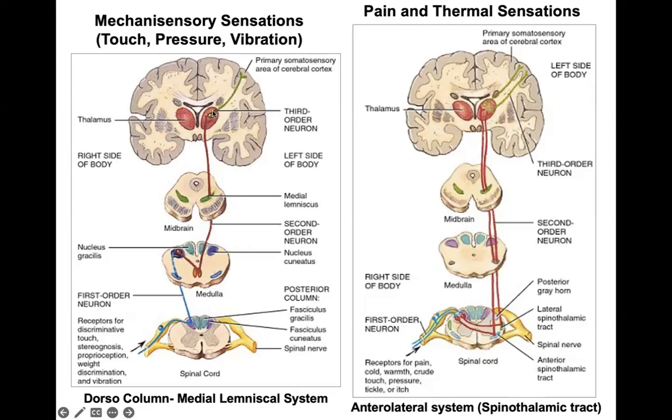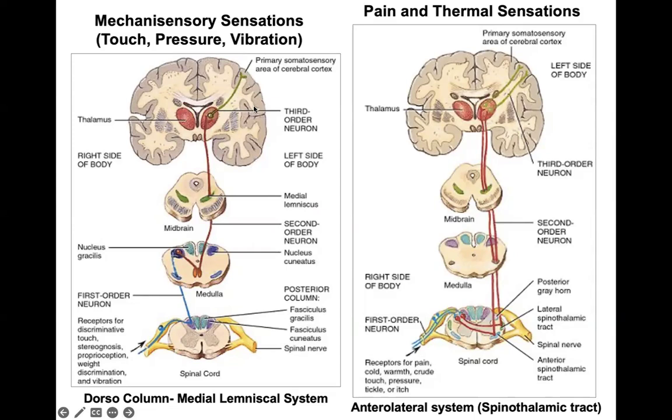Gatekeeper. The last set of neurons comes out from the thalamus and sends the axon to the final target in the brain, which is the somatosensory cortex. So this is the first track.